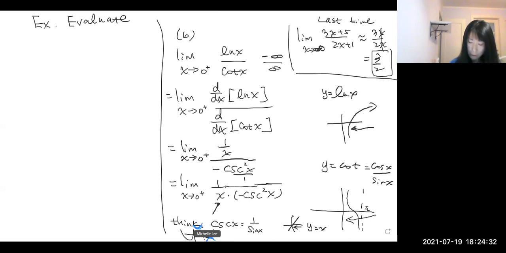When x approaches positive infinity from here, what do you get? So the graph is like that.